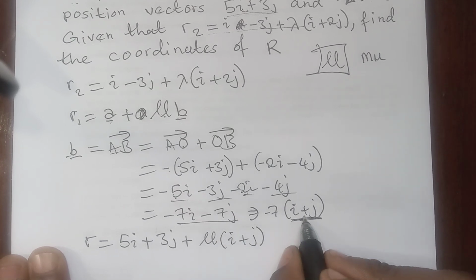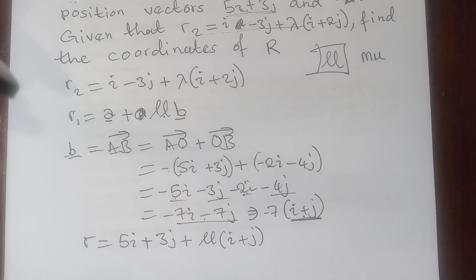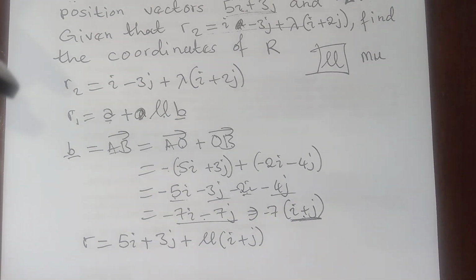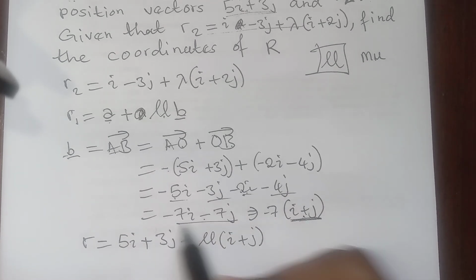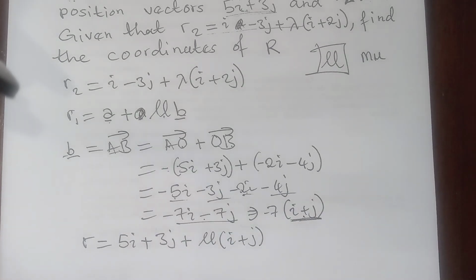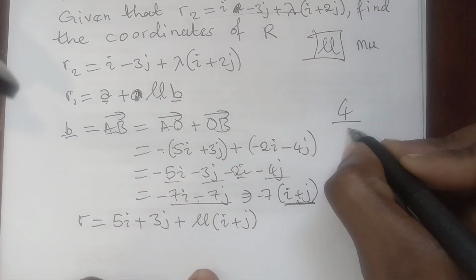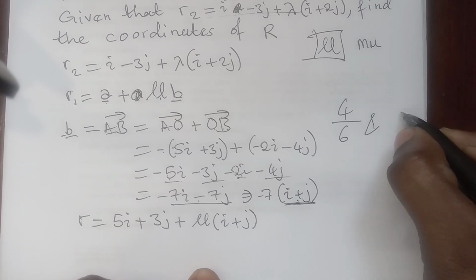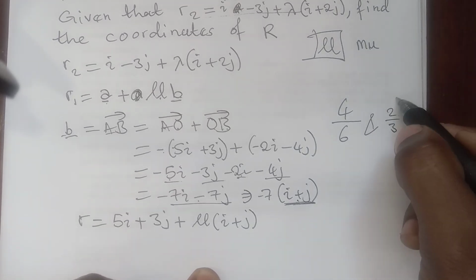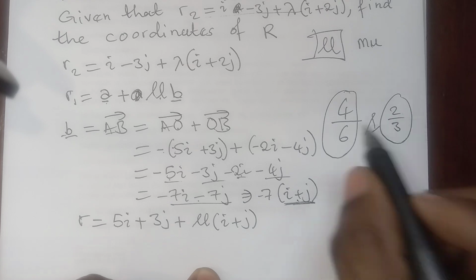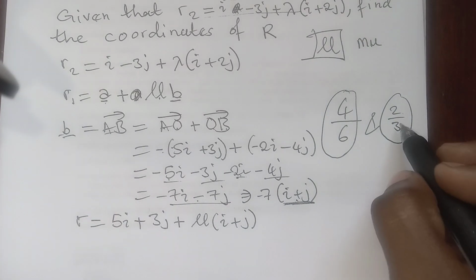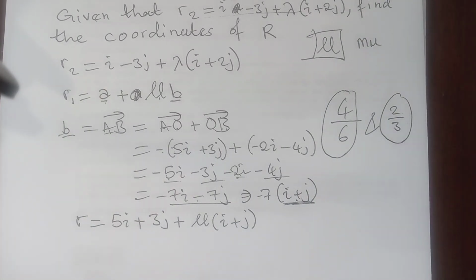Since this is a scalar multiple of this, it means the two vectors are in the same direction. In other words, this and this are in the same direction. It's more like 4 over 6 and 2 over 3. So this is exactly the same as this, except that this is much better to use because it has been reduced.